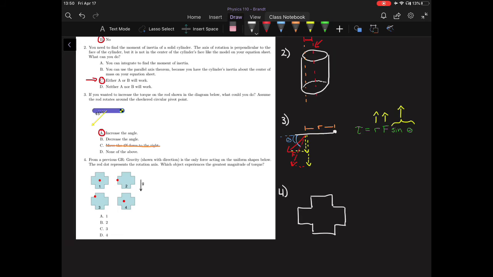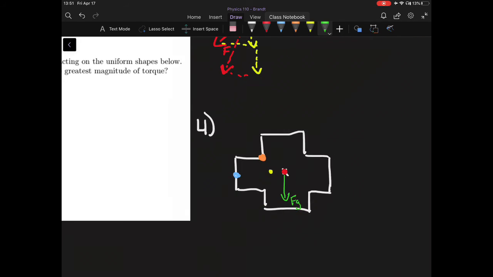So if we assume there's our center of gravity, we've got point 1 acting right on the center of gravity. We've got point 2 acting way over here. We have point 3 acting kind of up here, and we have point 4 acting somewhere in here. We know gravity acts at the center of mass, so there's our force of gravity. Let's just zoom in so we can kind of see this a little bit better.